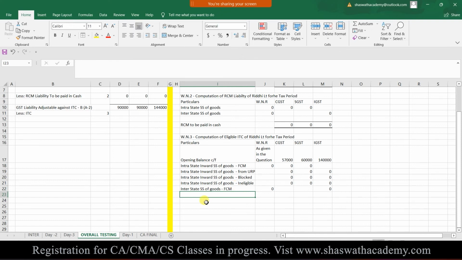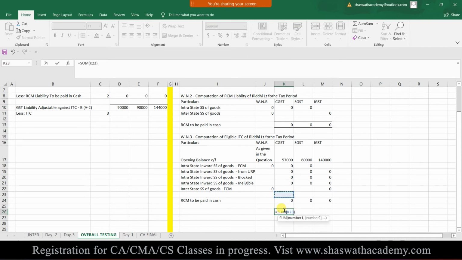After writing all those, my dear brothers and sisters, you have to add something called RCM paid in cash. That is also eligible credit. Sir, where will I get it from? You will get the figure from the above calculation. So my dear brothers and sisters, this RCM paid in cash will also be added to arrive at something called eligible credit for the tax period.